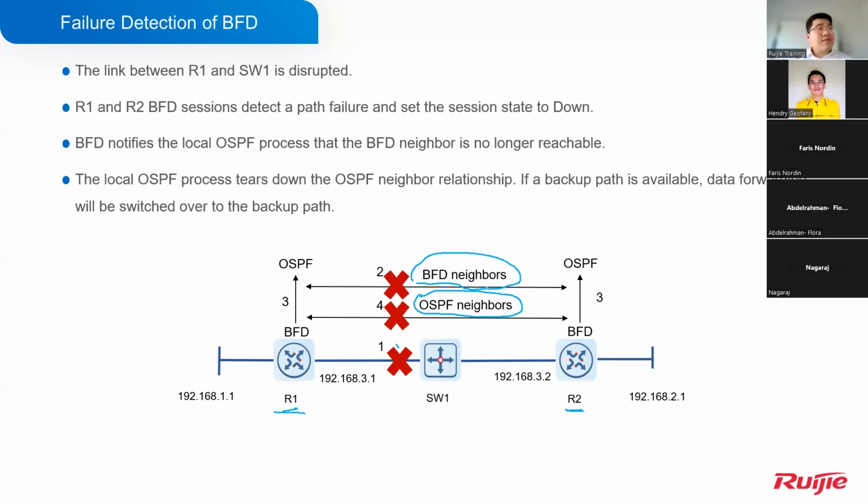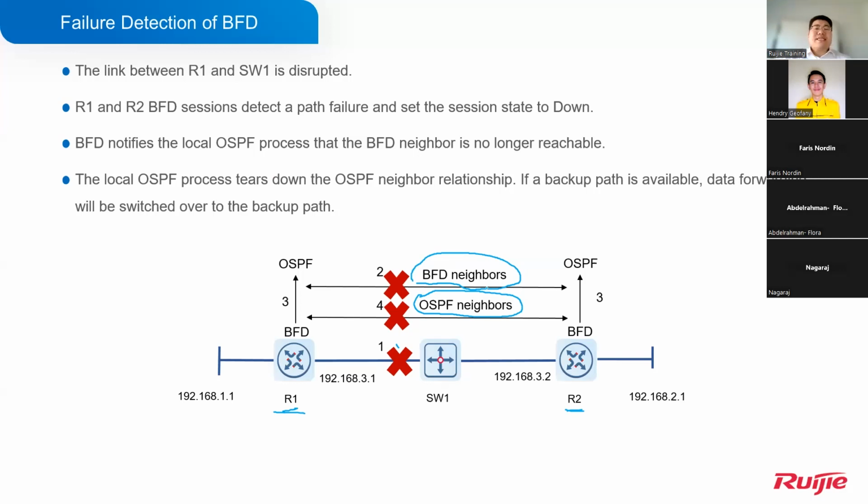Because no matter what the failure is, without BFD, OSPF neighbor maintenance is based on the hello packet, and it will take at least 20 seconds. Of course, the minimal default time is 20 seconds in a P2P network, and in a broadcast network the default time is 40 seconds.